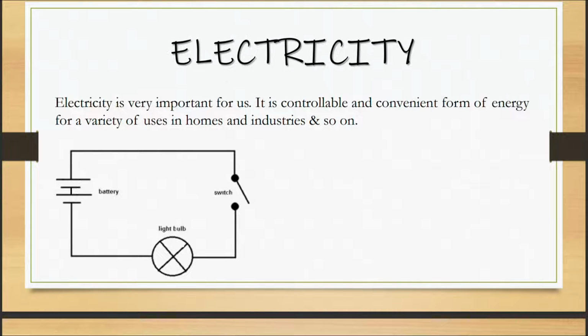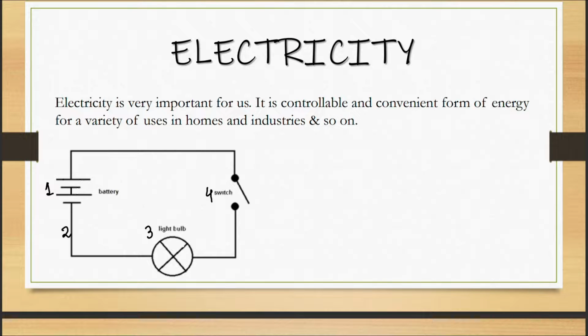Number 1 is a battery, or a current source, that drives all the charges in a circuit. Second is the wire, or the connection between the different components that we are using in a circuit. Number 3 is the light bulb, a device that converts electric energy into light energy through which we can see. And number 4 is the switch.